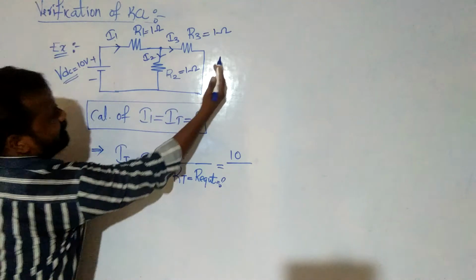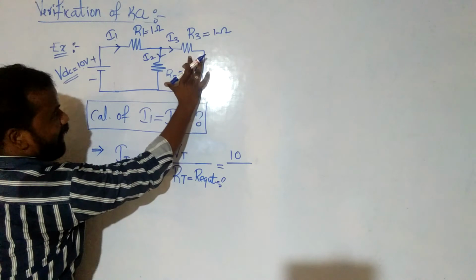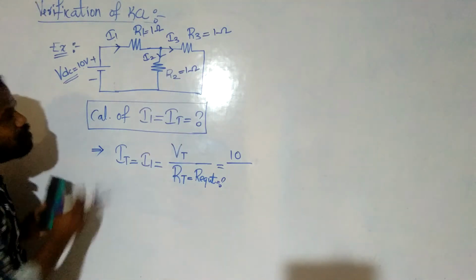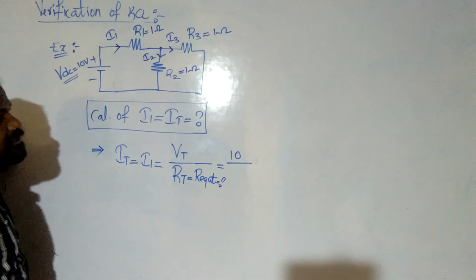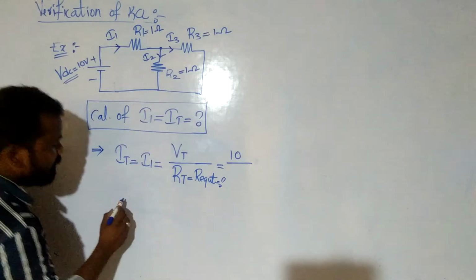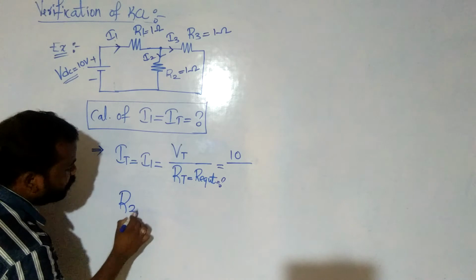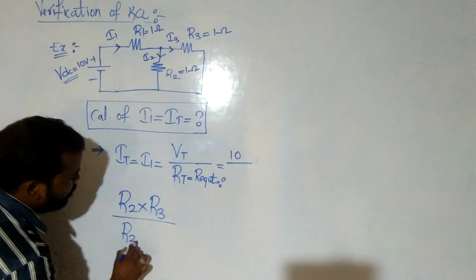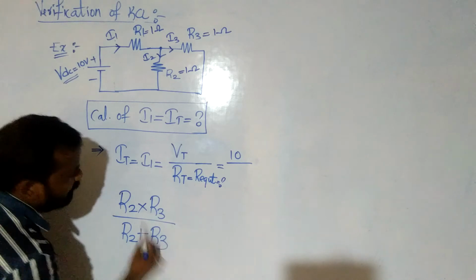Now observe that R2 and R3 are both connected in parallel. So how do we find the equivalent resistance of R2 and R3?